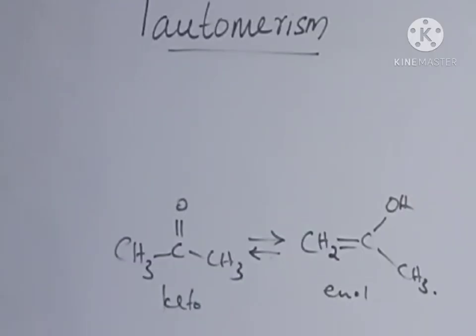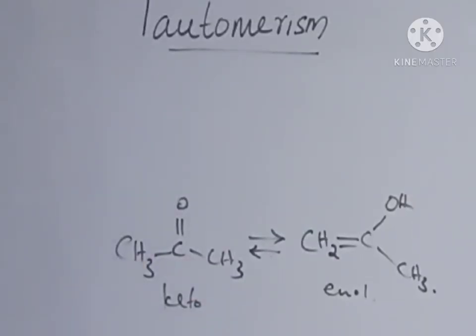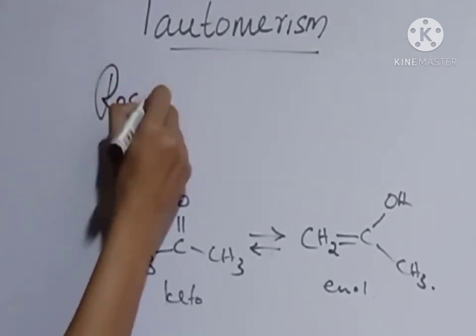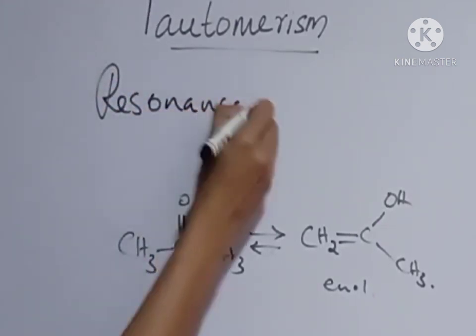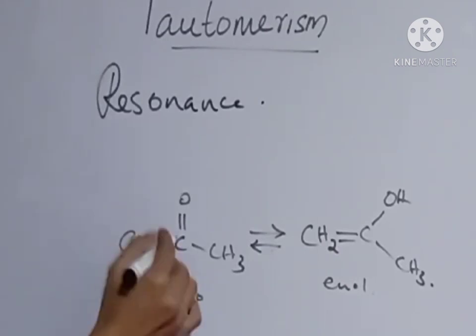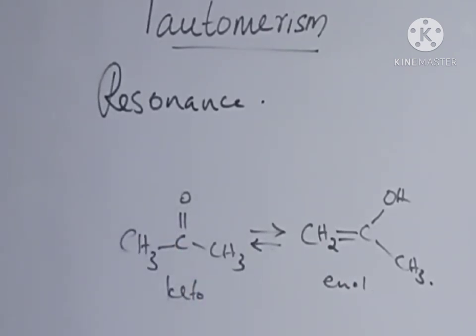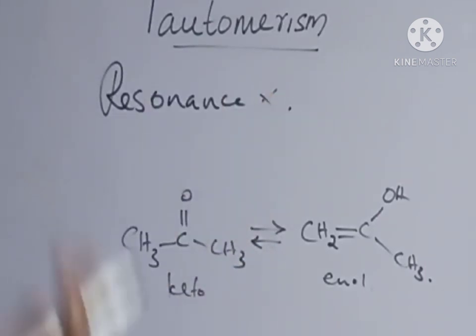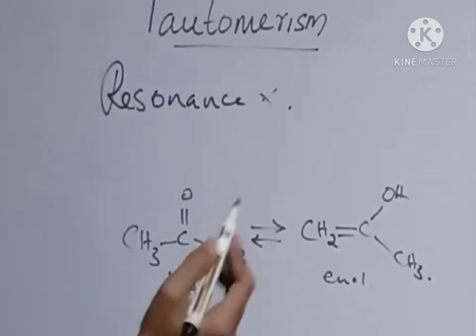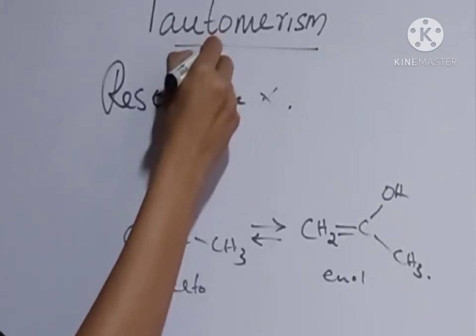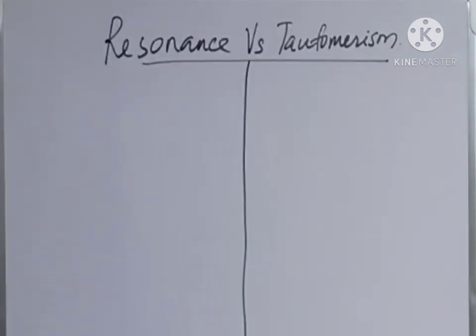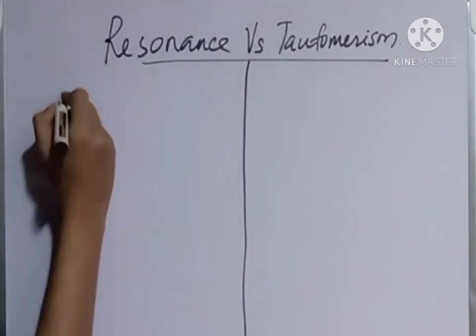If we look at their structures, this much resembles a resonance phenomenon, but actually tautomerism does not resemble resonance that much. So coming to the next section, what are the differences between resonance and tautomerism? Resonance versus tautomerism.